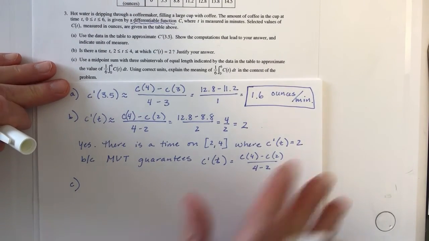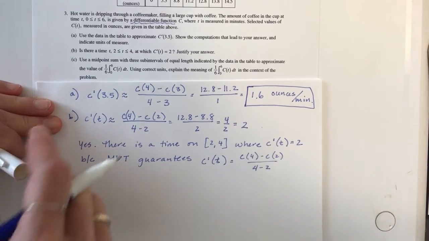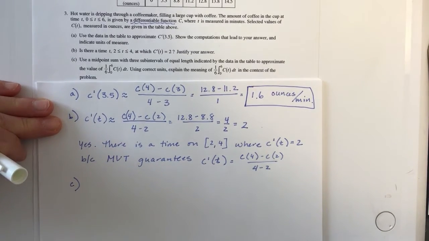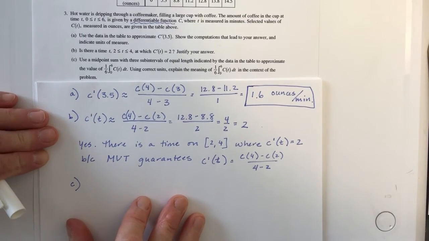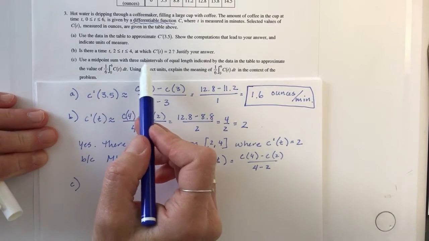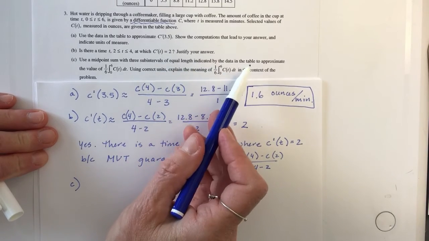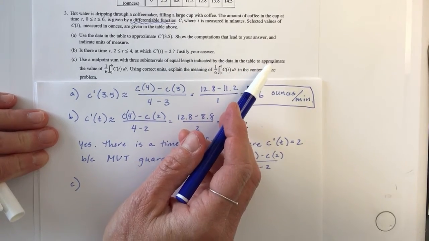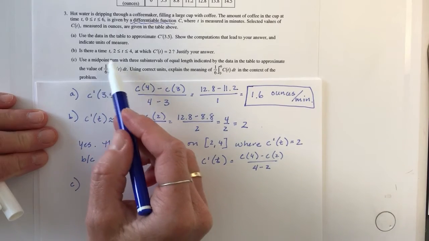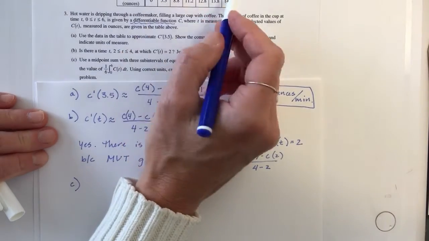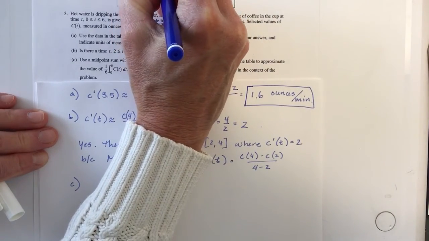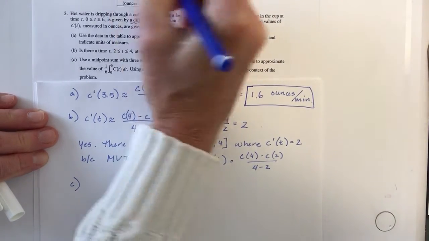Now use a midpoint sum. This is interesting. We haven't done a midpoint sum with one of these. Use a midpoint sum with 3 subintervals of equal length indicated by the data in the table to approximate the value of 1 over 6 times the integral from 0 to 6. So we're going from 0 to 6 and using a midpoint.